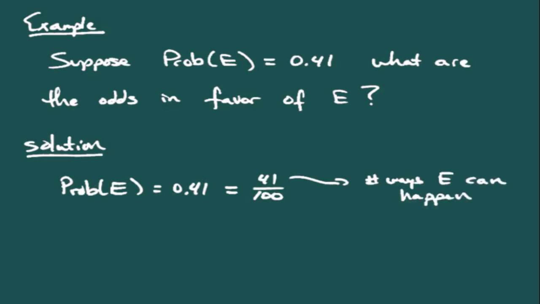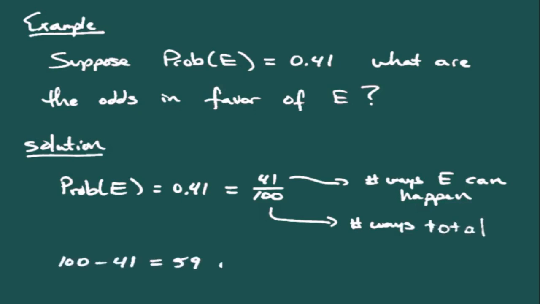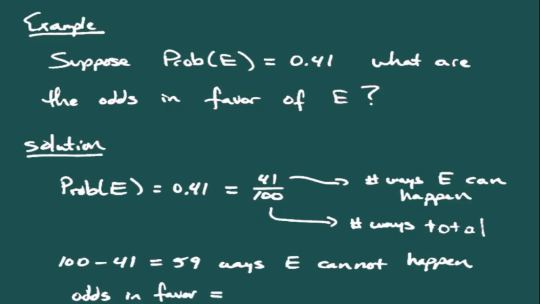So E can happen in 41 different ways. We've got a total of 100 different ways. And so the number of ways that E can't happen, we just subtract. 100 minus 41 is going to give us 59. And so there are 59 ways that E cannot happen. So our odds in favor of E will just be 41 to 59.